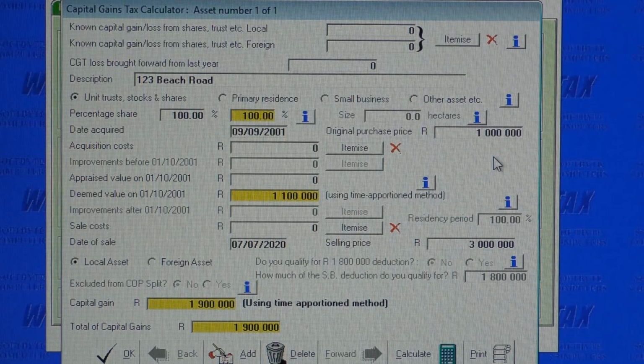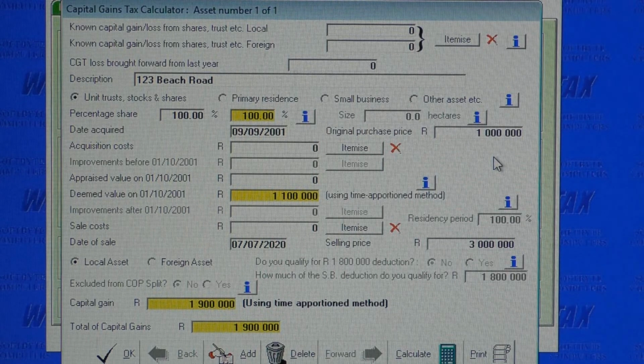From the 9th of September 2001 to 1st of October 2001 is counted as 1 year. From 1st of October 2001 to the 7th of July 2020 is counted as 19 years. 1 year before the valuation date plus 19 years after the valuation date makes 20 years.